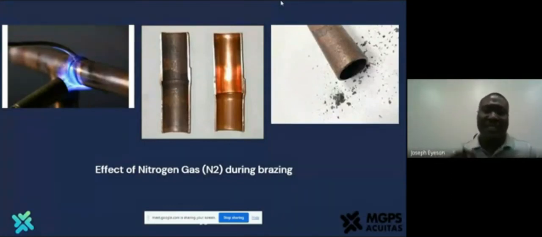And when you put in any of your gas, oxygen in it, it carries this along and goes into the patient. But if there is nitrogen purging during the brazing work, or you introduce any inert gas, you get a clean pipe inside. It is very important that during piping, nitrogen is introduced into the pipelines.